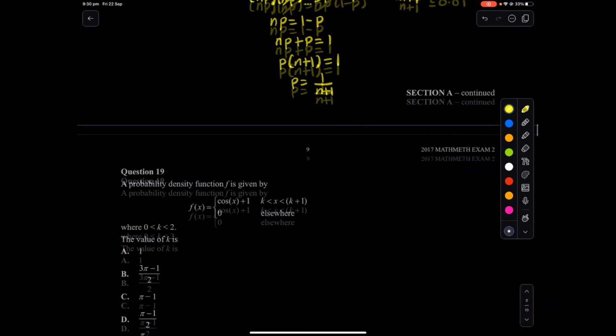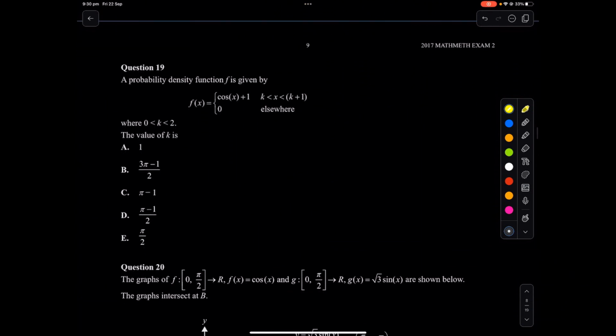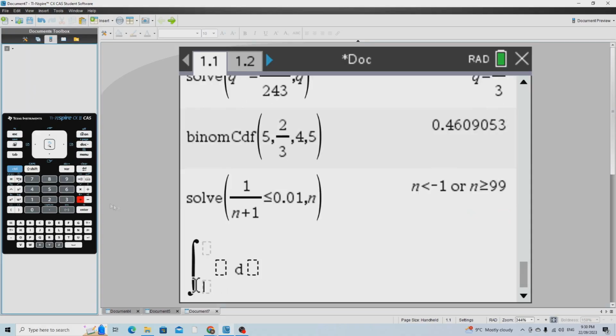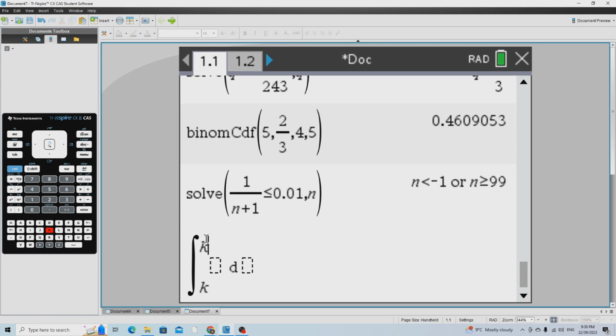Press D. Question 19. The probability density function f is given by this, where k is between 0 and 2. Find the value of k. Very nice and easy. We can just use the calculator. We know that the integral from k to k plus 1 of this function, cos x plus 1 dx, must equal 1, because it's a probability.